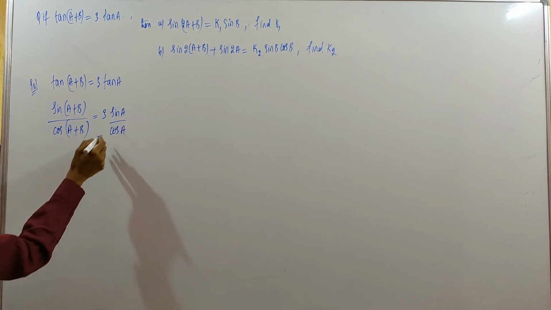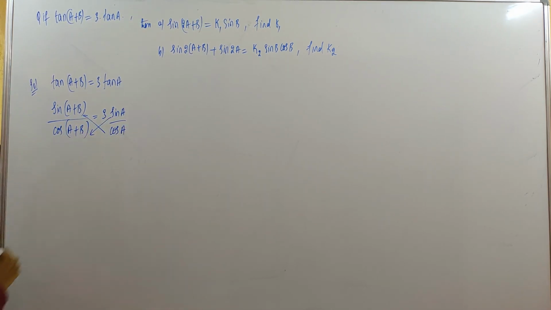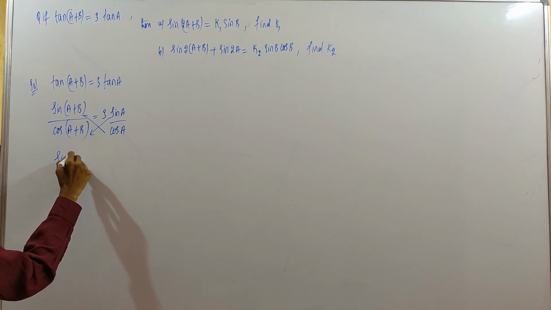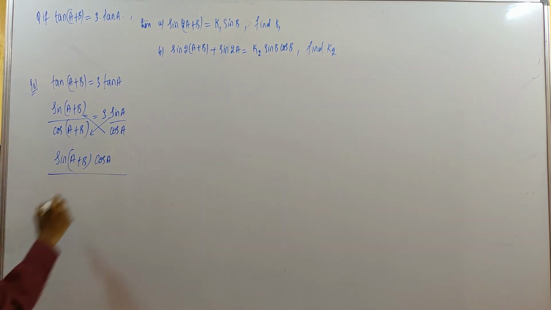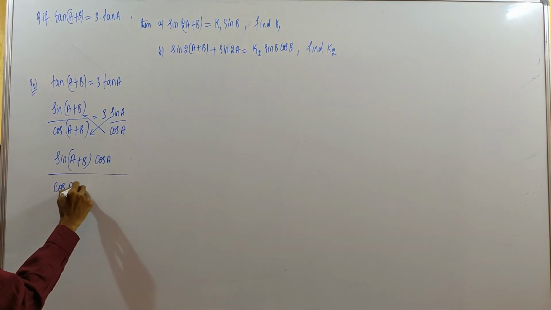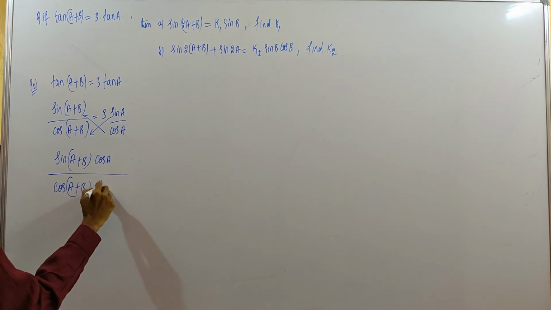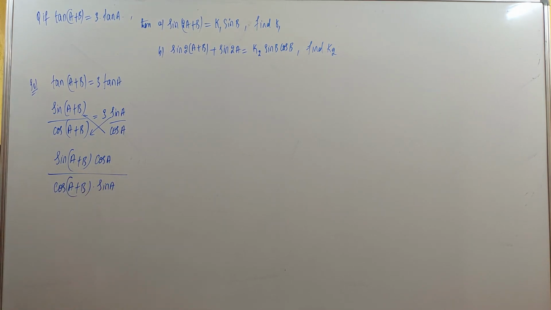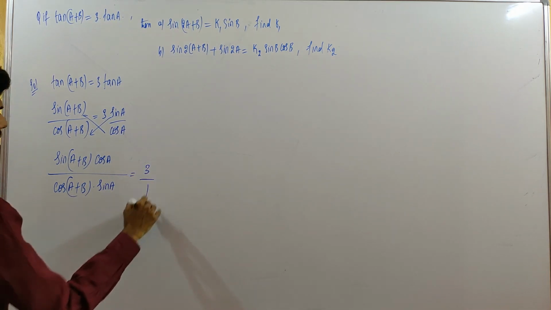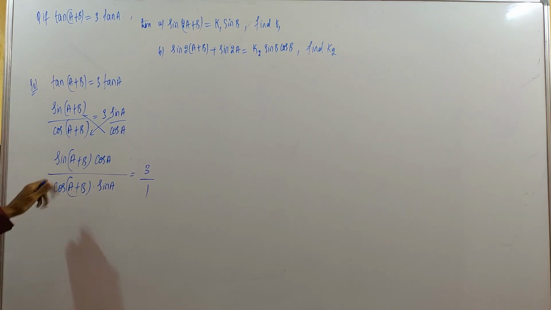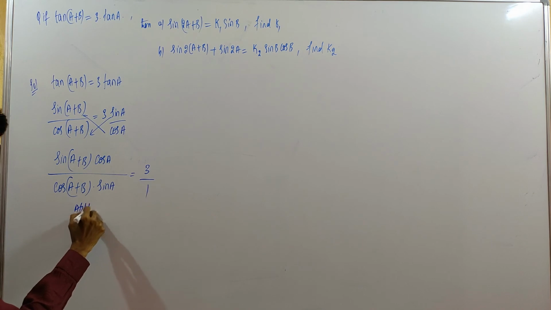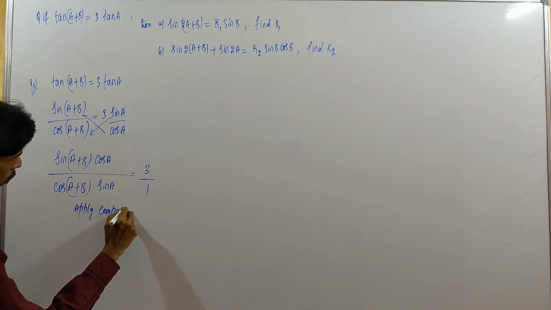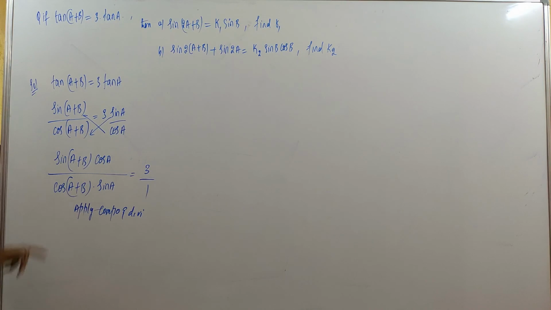Now cross multiply, this will come here and this will come here, so it will become sin(a plus b) cos a divided by cos(a plus b) into sin a is equal to 3 by 1. Now we can apply componendo and dividendo.